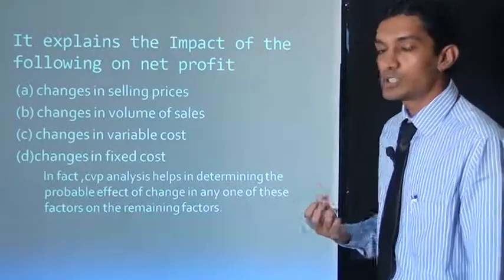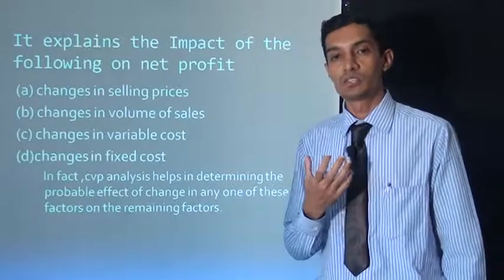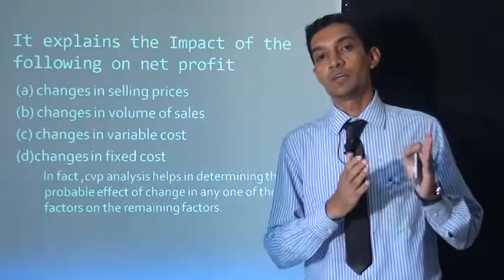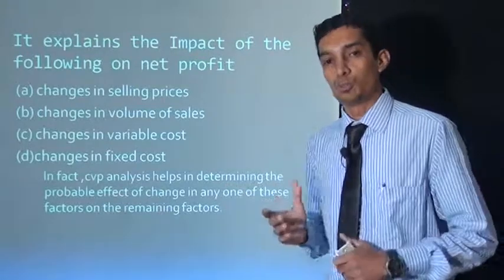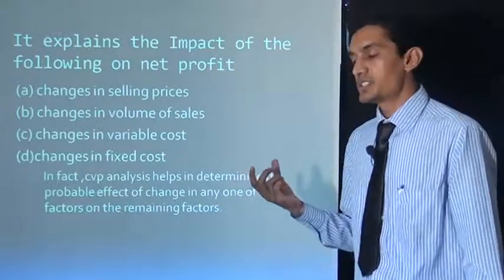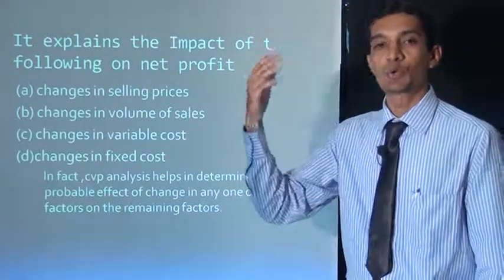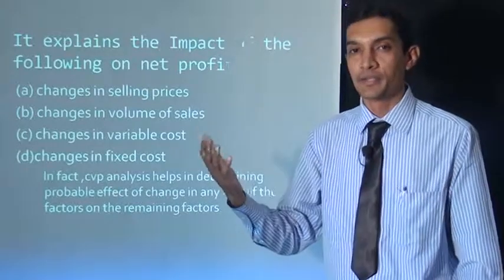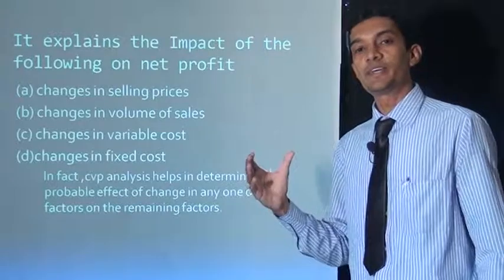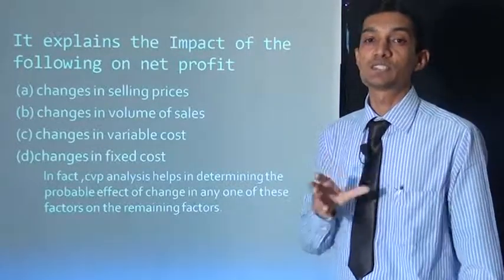Change in variable cost: variable costs are different at all times. Suppose there is a manufacturing process: first input, then process, then output. In that situation, first is your input, where you purchase raw material. Now after raw material, you process that material.